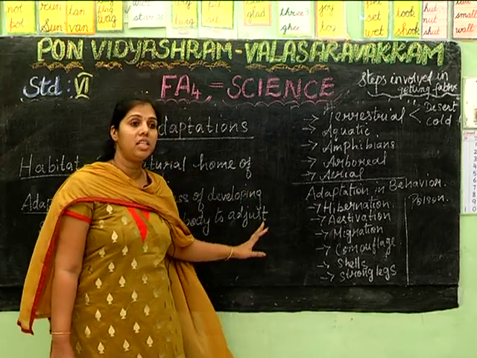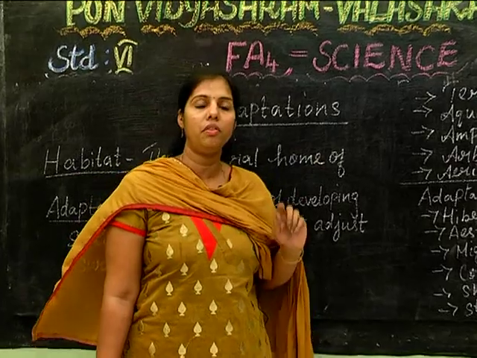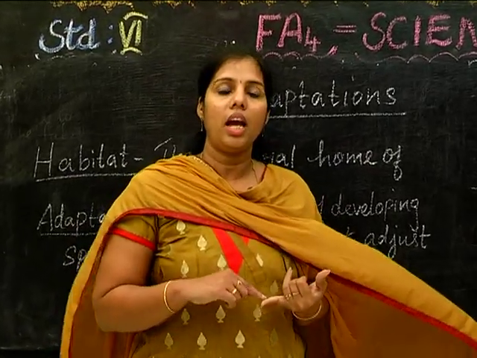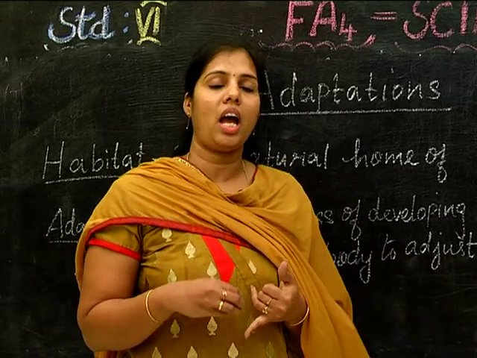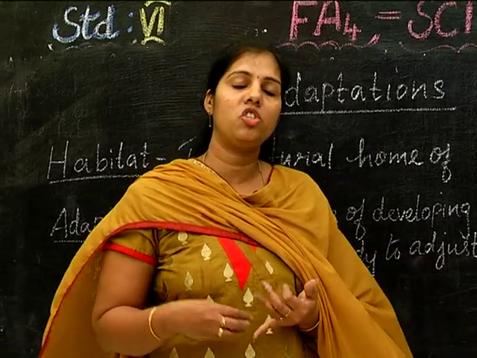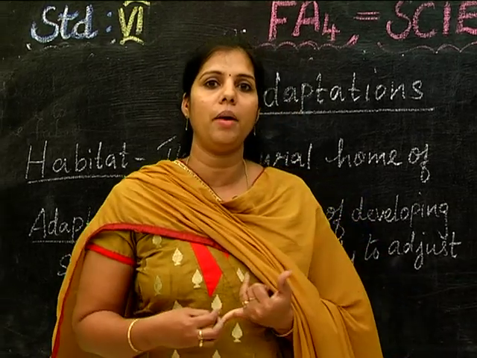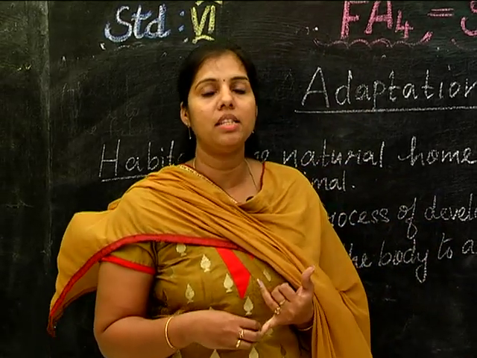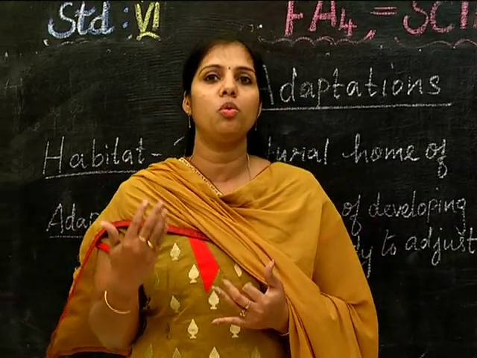Now we will see how animals are segregated according to their food habits. Herbivorous, that is, plant-eating animals, have special teeth which can cut the plant and plant products, and they also have molars and premolars which can grind and chew the food.